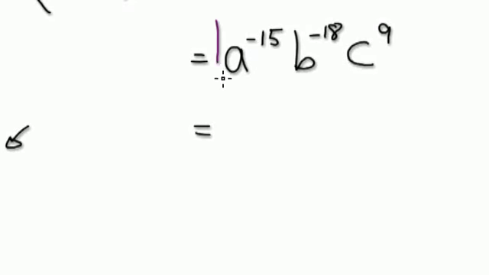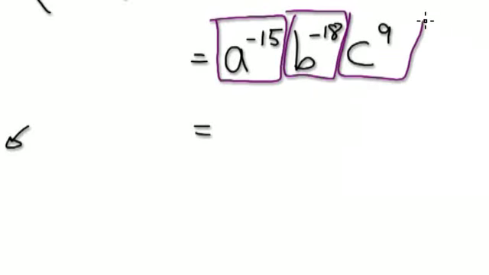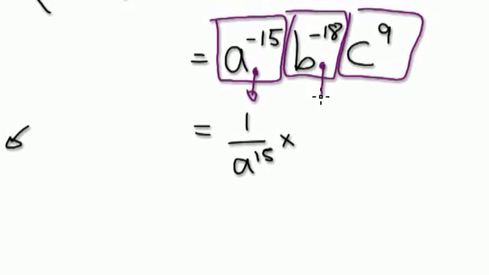Okay, so now rewrite this. Visualize it as, well, you've got this thing here, times this thing here, times this thing here. So this thing will become 1 over a to the power of 15, times this thing here would be 1 over b to the power of 18, and then you got times c to the power of 9.